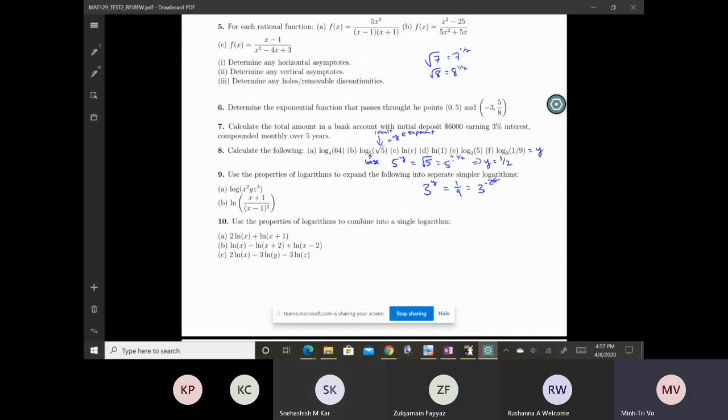What do you mean, combine like terms? For 10a, the expression itself, how far would it have to be evaluated? So you want to write it as a single logarithm. Yeah, and then multiply.